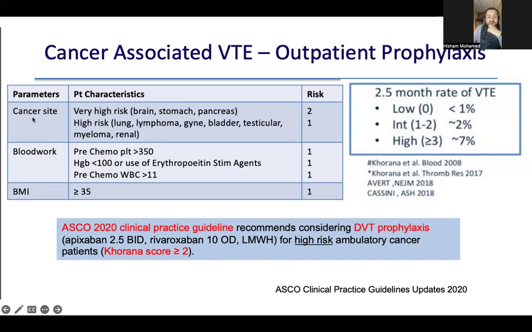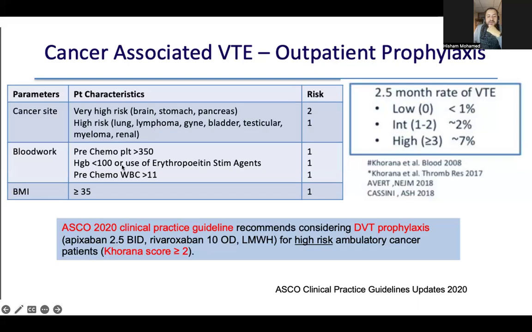So we'll see here some cancers with very high risk, like brain, stomach, pancreas, and high risk, like lung, lymphoma, gynae, bladder, testicular, myeloma, and renal.